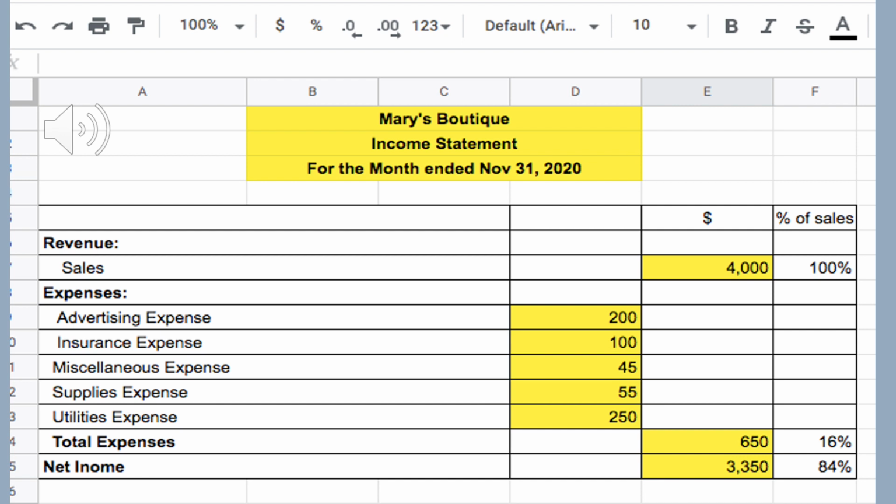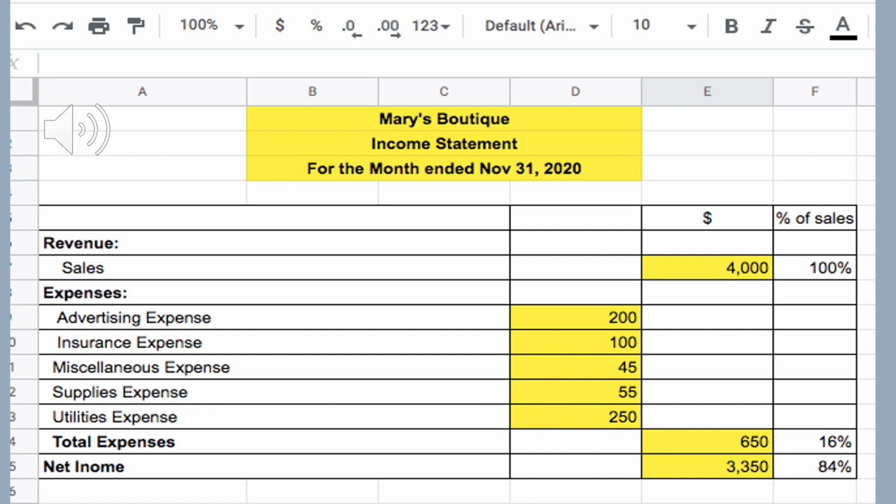The total is 650, so that I can see that the income statement is a clear subtraction of my revenues and my total expenses. My revenues, the money that I collected from sales, was $4,000. I subtracted all my expenses of 650, and because I have money left over, my amount is positive. It is called a net income.